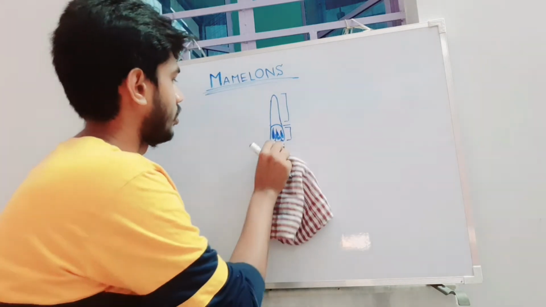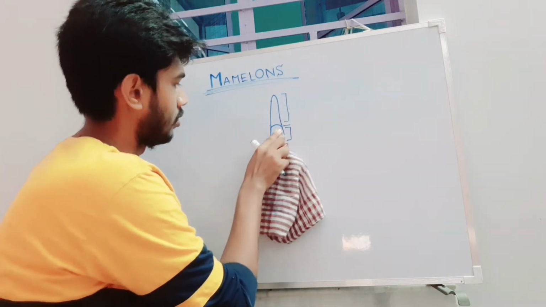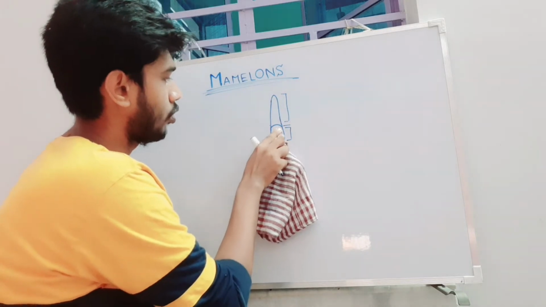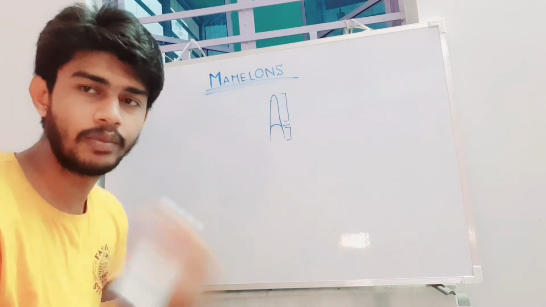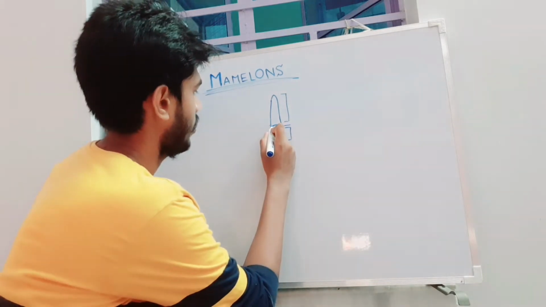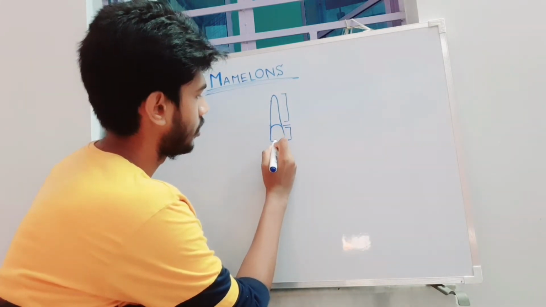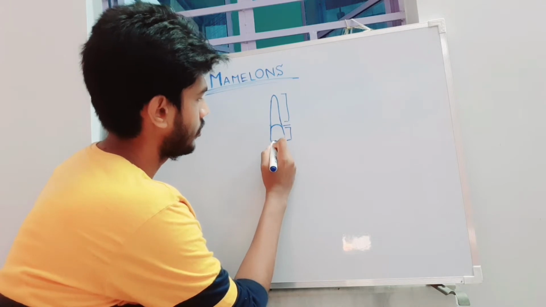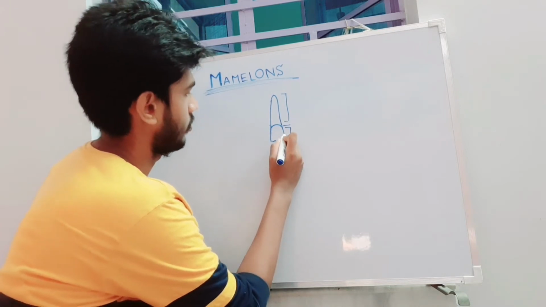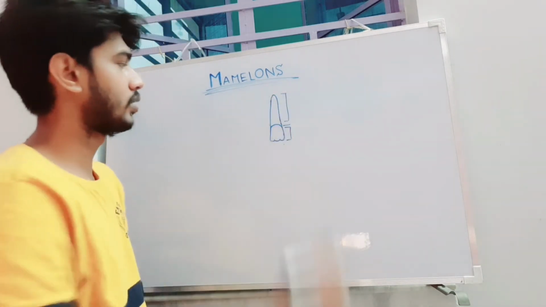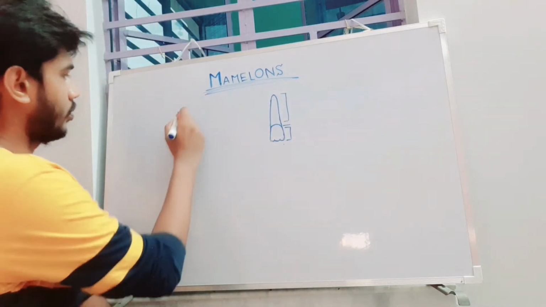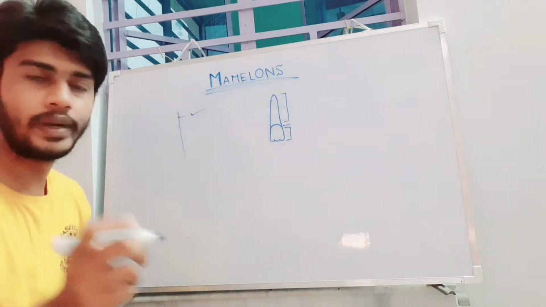So mamelons are created from the developmental lobes. With three developmental lobes in the central incisor, three mamelons are made. This is the first point: made from developmental lobes.